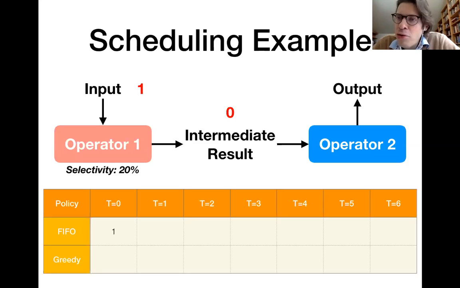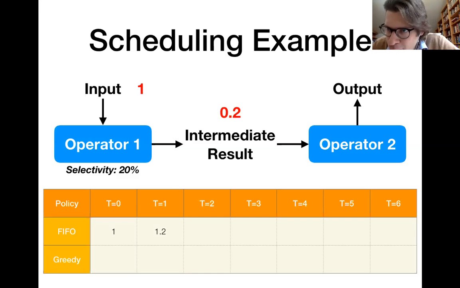And after we invoke that operator, about 20% of the input tuples will remain and be inserted into the intermediate result queue. At the same time, one new batch of input tuples arrives. This is why the input queue does not become empty, but fills up immediately again.